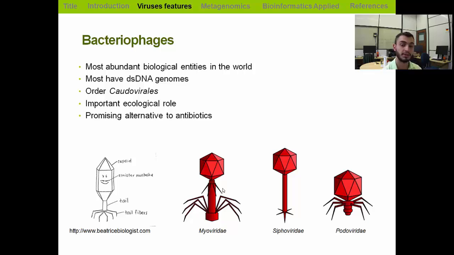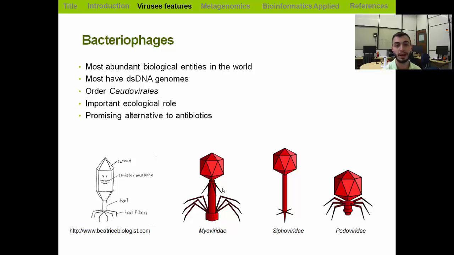And here I show you this special kind of virus. They are the bacteriophages. They are viruses that infect bacteria. They are the ones that I work with, and they are the most abundant biological entities in the world. If you count, in the ocean there are a lot of bacteriophages, and most of them have double-strand DNA, and 96% of these bacteriophages are in the order called Caudovirales.